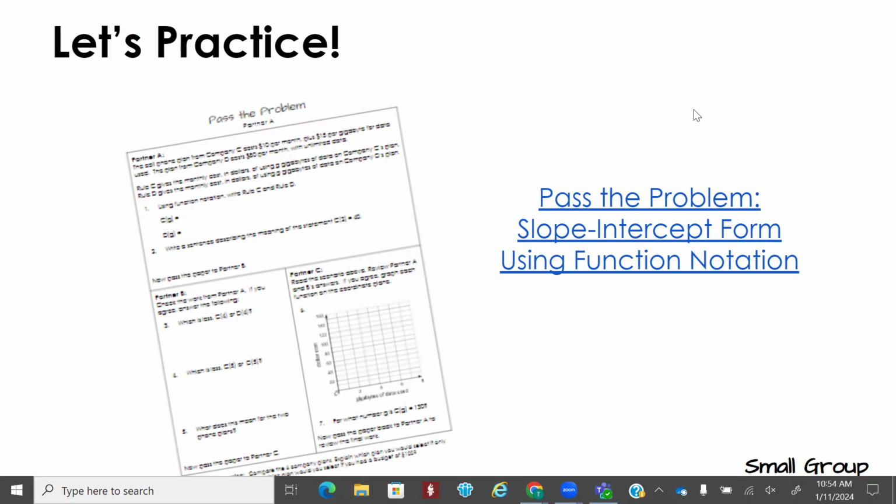But I'm going to give you 20 minutes, so 6 minutes before lunch, and then 14 when we come back. And you are going to finish both the front and the back, okay? You're going to turn one sheet in as a group. So you're going to work together to get both sides completed. Okay, so you're finishing the front and the back. Okay, go ahead and get started on that.